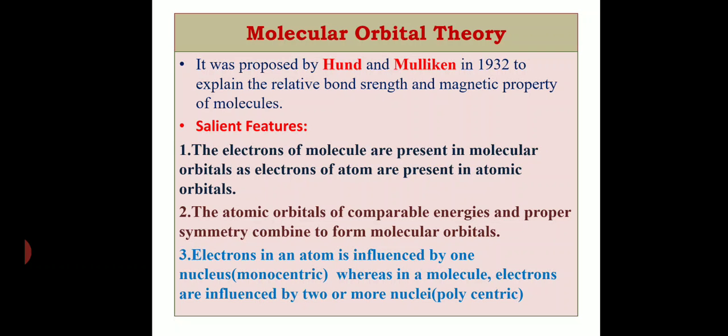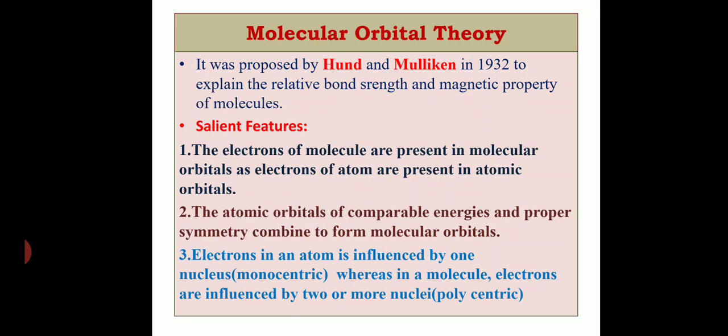The next topic which we are going to learn is an important topic, that is molecular orbital theory. It was proposed by Hund and Mulliken in 1932 to explain the relative bond strength and magnetic property of molecules.